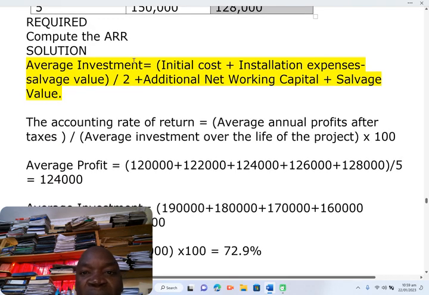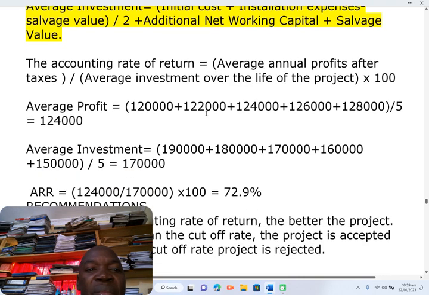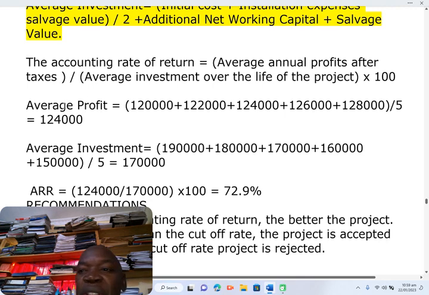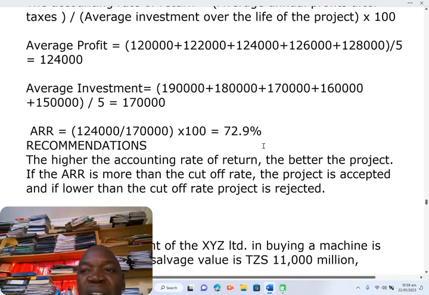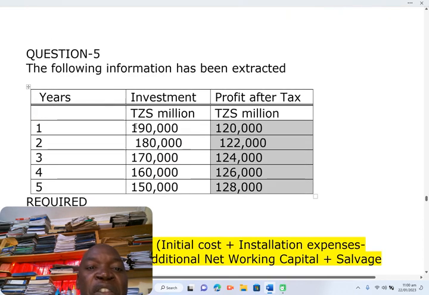So average investment is defined under this formula: initial investment plus installation cost minus salvage value divided by 2, plus additional working capital plus salvage value. Average profit, no problem. In our computation, we have investment over 5 year streams.